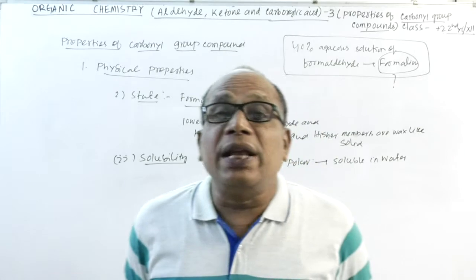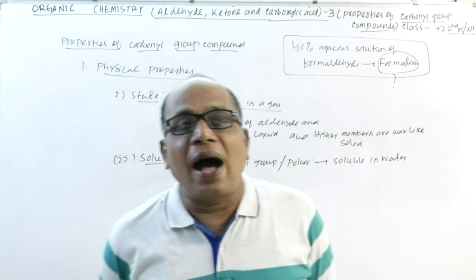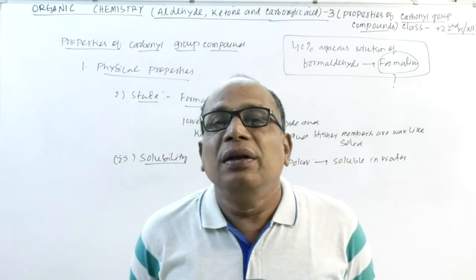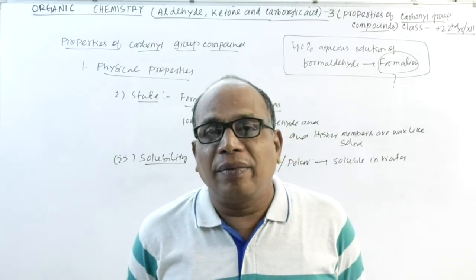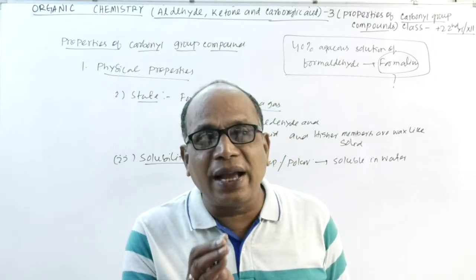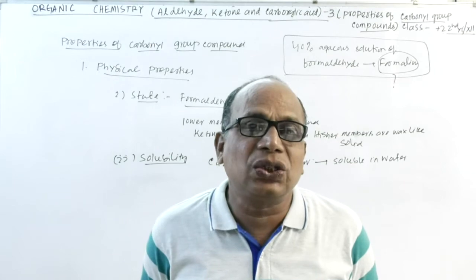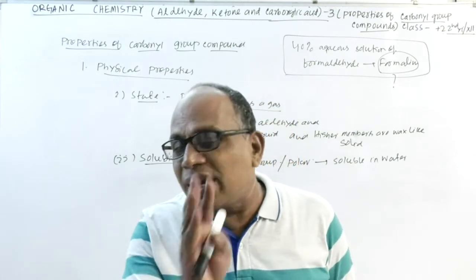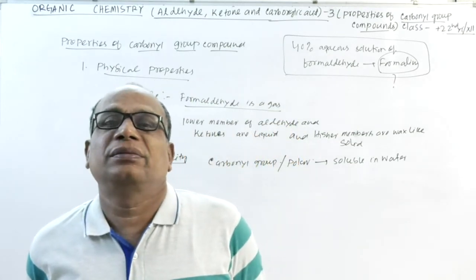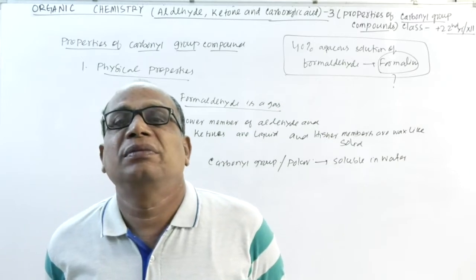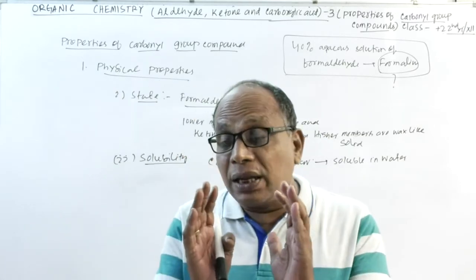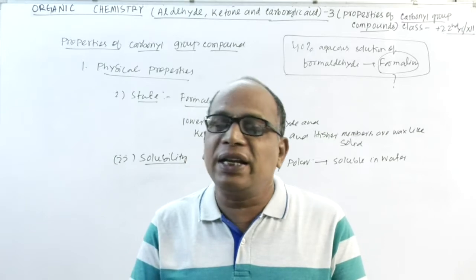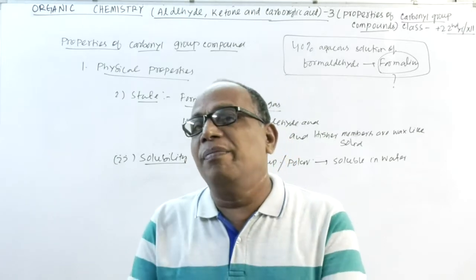That's why the higher member aldehydes and ketones are insoluble in water. For example, if you take benzaldehyde, C6H5CHO, benzaldehyde is sparingly soluble in water, not readily soluble, due to the bulky phenyl group present in benzaldehyde.